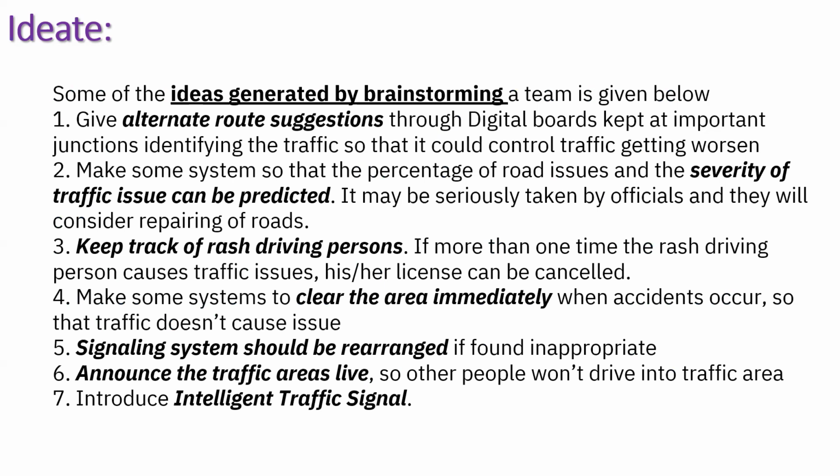So you see during these parade times, 15th August or 26th January, or certain religious functions also, the traffic police gives a warning to the people to avoid these roads during this time because there is a procession, right? The severity of the traffic issue can be predicted.